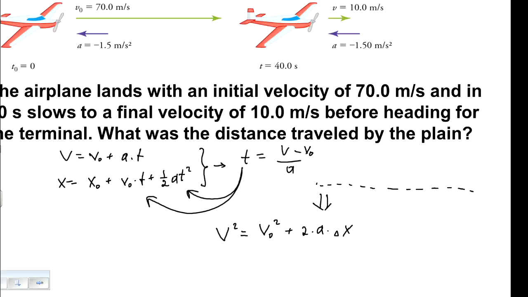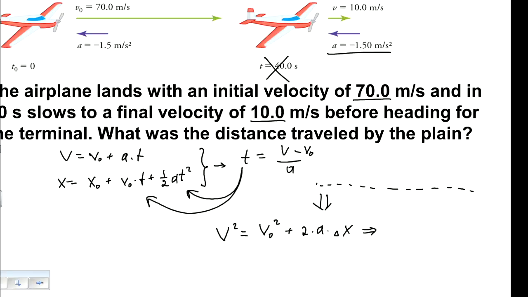For example, since we know final velocity, initial velocity, and acceleration, we don't really need time. We could have done it differently. In physics, every problem usually has several possible ways to be solved. So we can use this equation, which has no name.